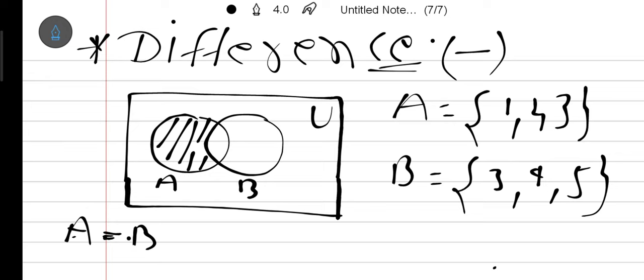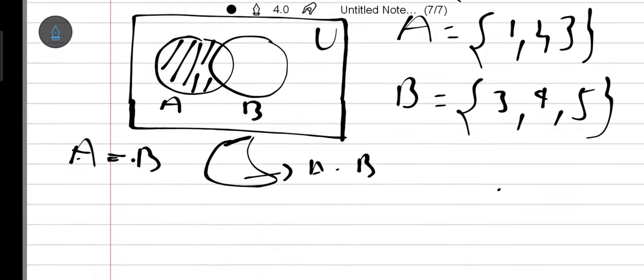Here A intersection B is the part of B in A, so we'll cut out that part. The left portion will look like an eaten apple. So this is what A minus B looks like.